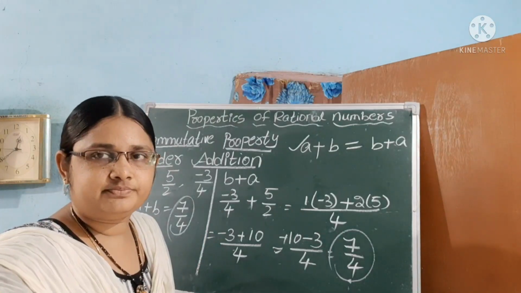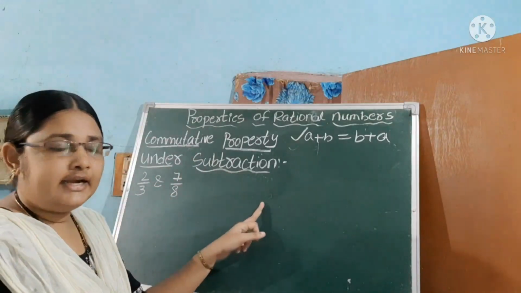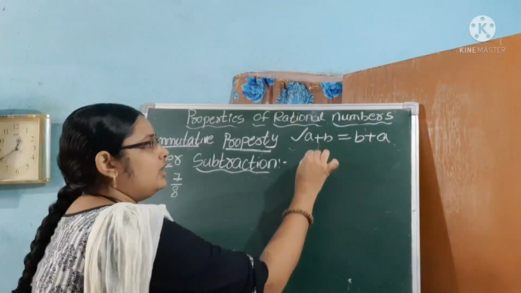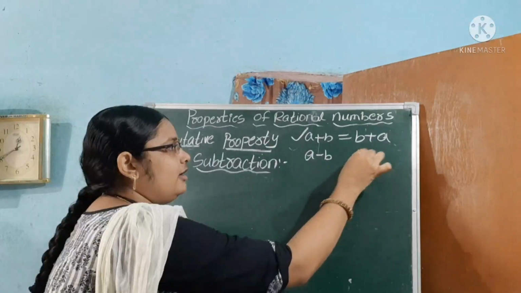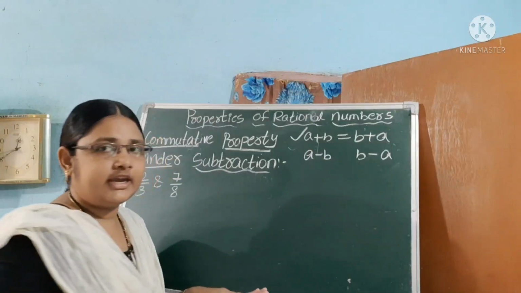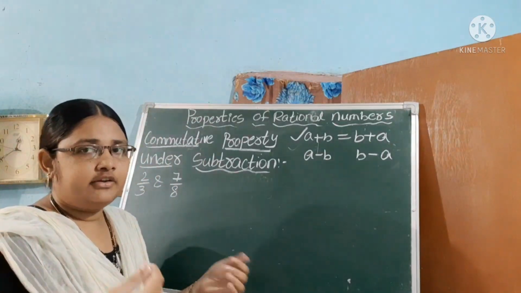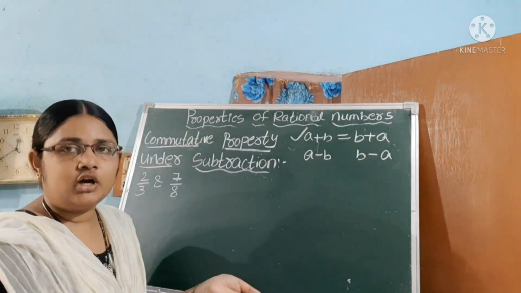Okay, very good. And the second one is commutative property under subtraction. So here two numbers are there, A and B. If A minus B, just change the order, B minus A. If we get the same result, then commutative property is satisfied. If we do not get the same result, commutative property does not satisfy.